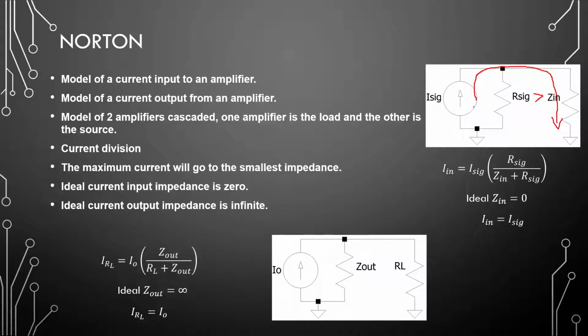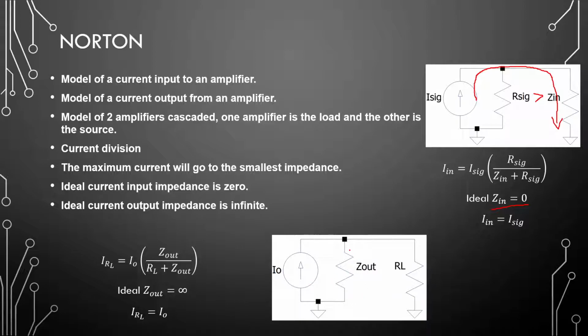So the perfect input to a current amplifier would be an input impedance of 0. Then everything can flow into that amplifier and not go into this R sig right here. Same with the output of a current amplifier.